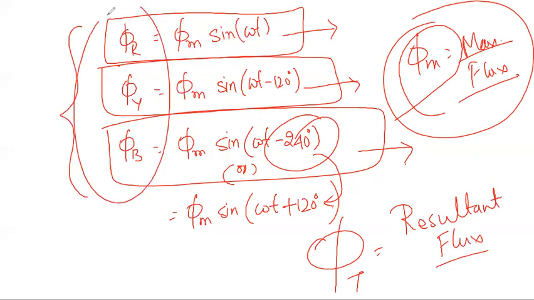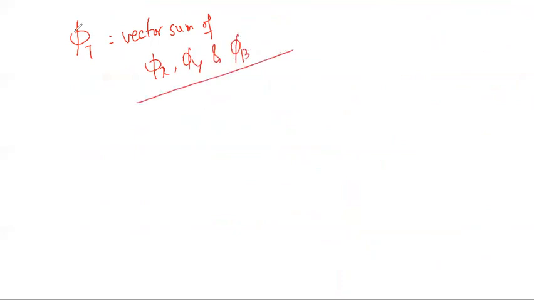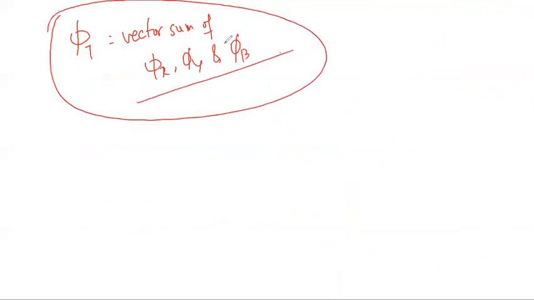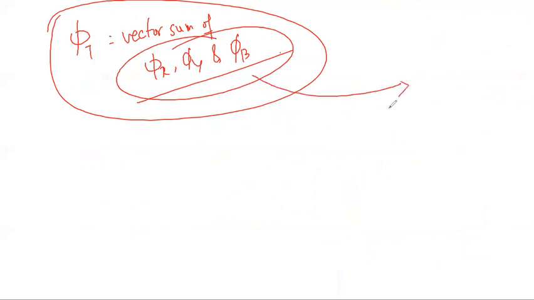From all these 3 phases, I need to get phi t. So if I want to find out what is phi t, I need to find out the vector sum of phi r, phi y, and phi b. So this is the vector sum of all the instantaneous flux which is being present there, that is due to the production in each set of winding in a 3-phase induction motor.